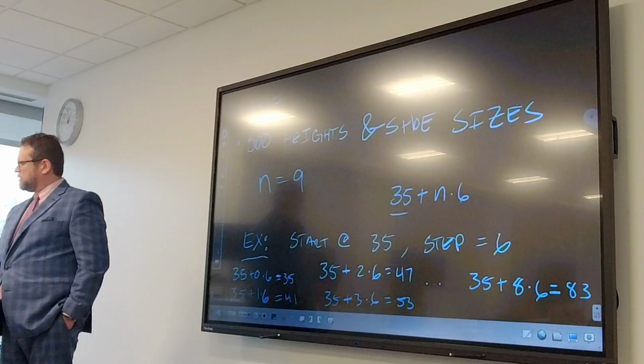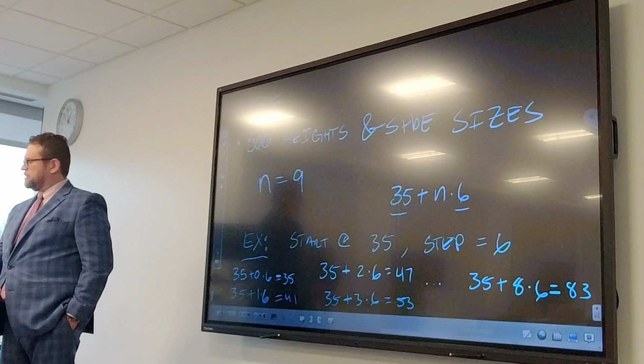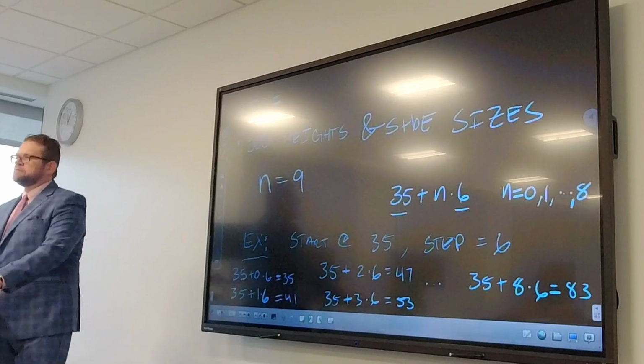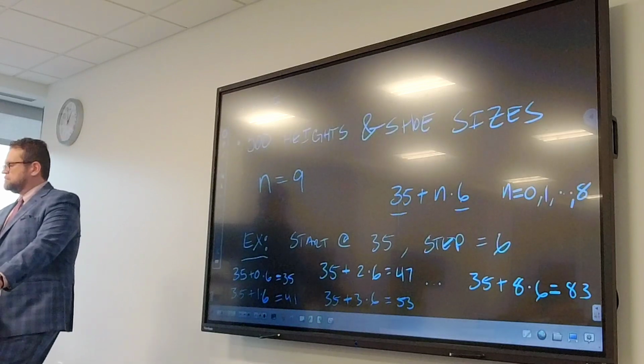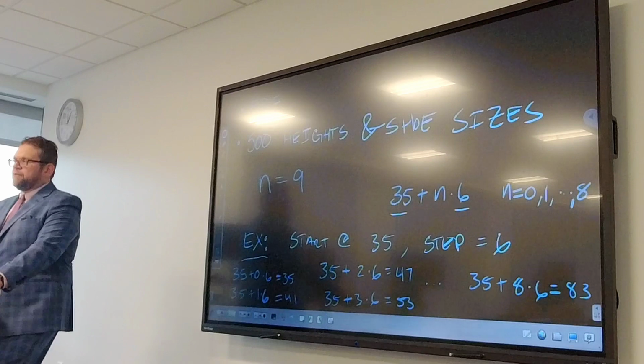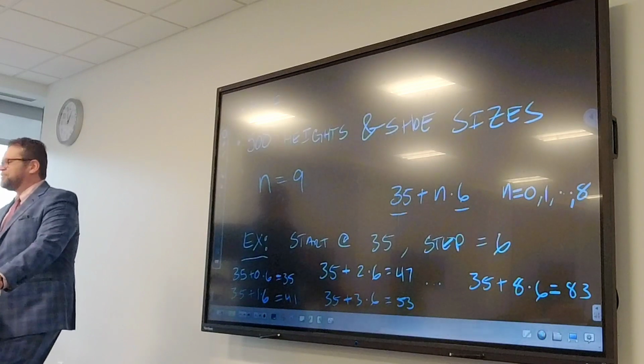This tells me where I started and how far I stepped over. The n just varies from 0, 1, all the way up to 8. So then you just randomly do 6? I randomly pick 6. I randomly pick 35. You can pick anything, as long as it terminates before 500.